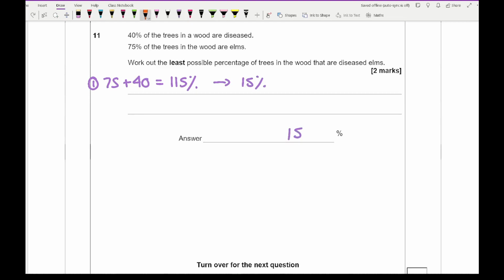Another way of looking at it, which is less cryptic, well, basically, if 75% of the trees are elm, then 25% are not elm.